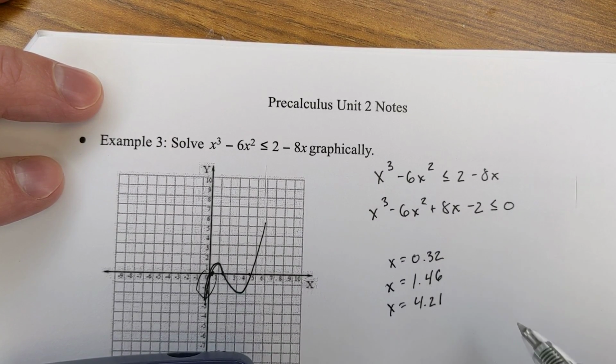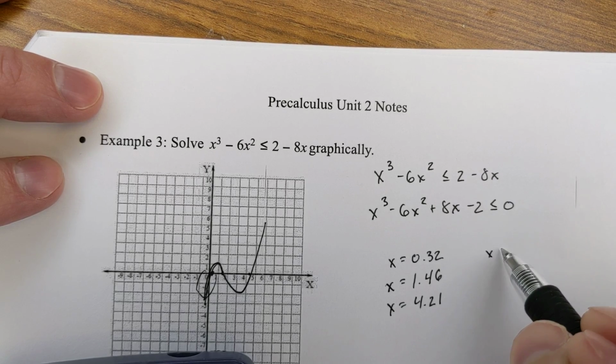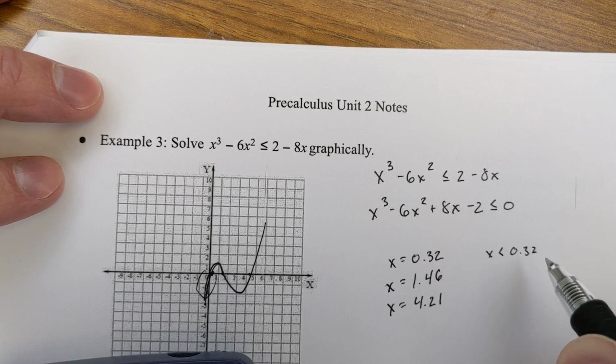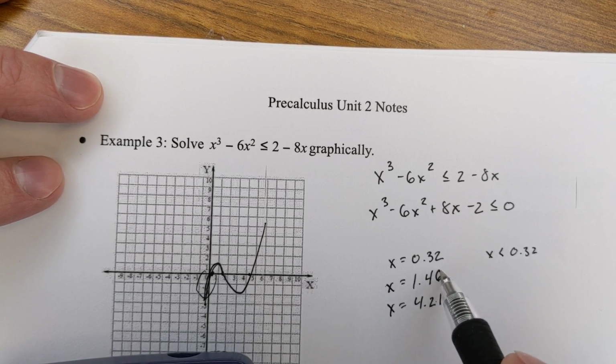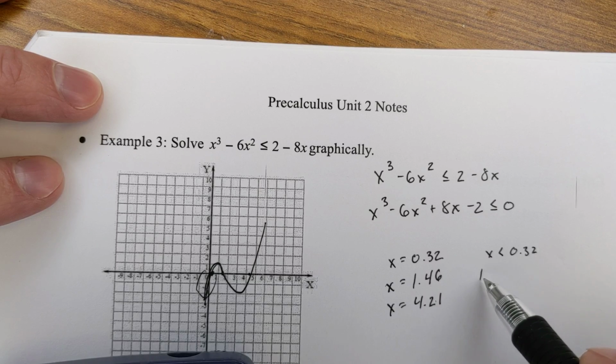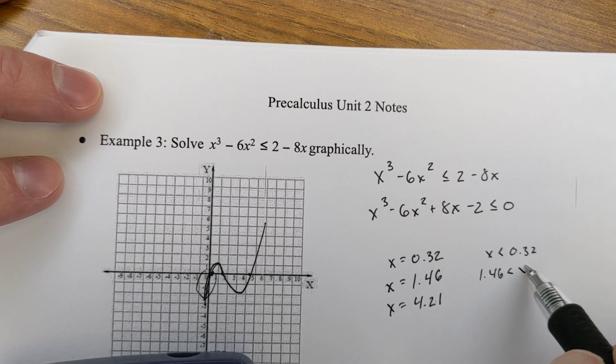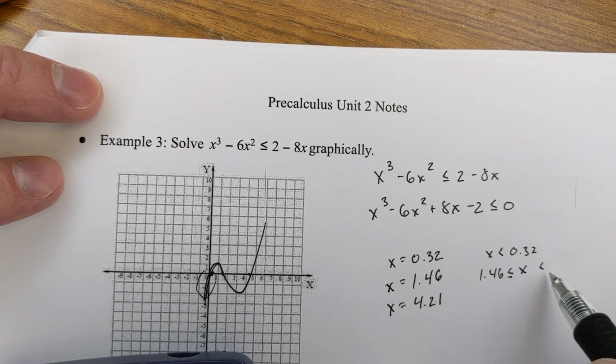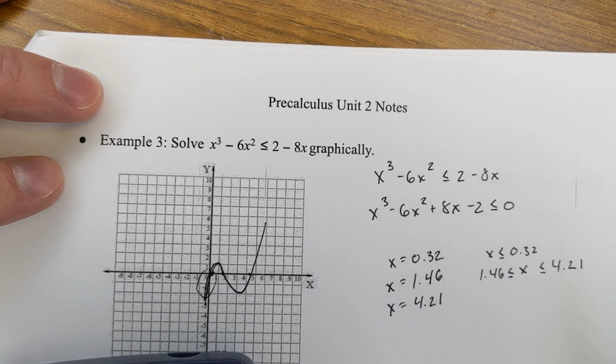So it's anything left of this value, so x less than 0.32, or anything between these two: 1.46 less than x, or at least should be less than or equal to, because it can equal 0, 4.21. So that'd be inequality notation.